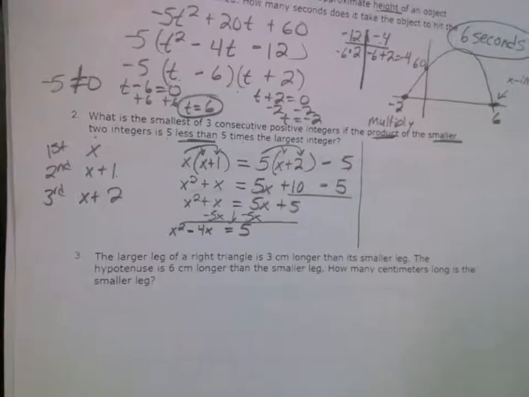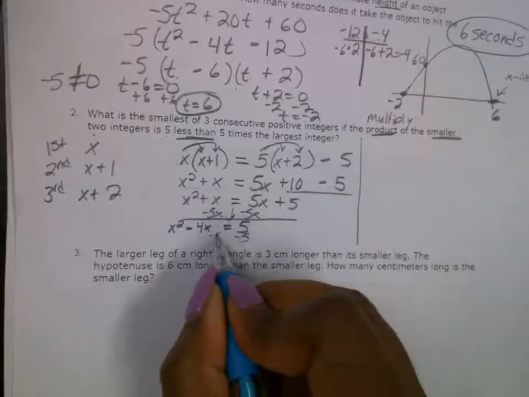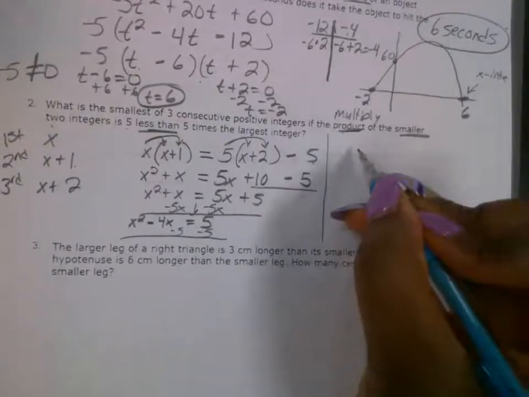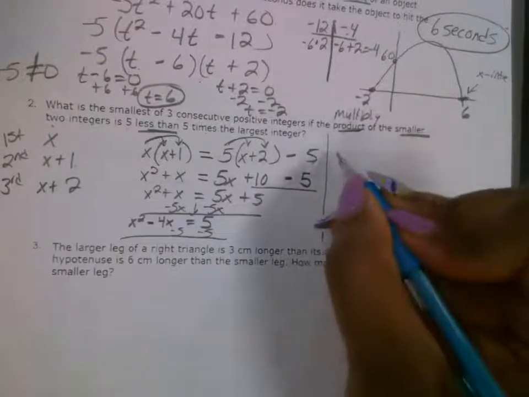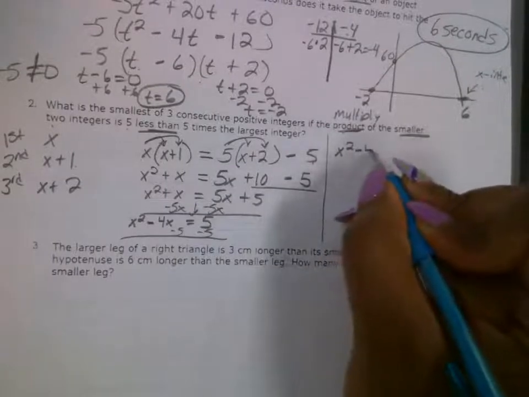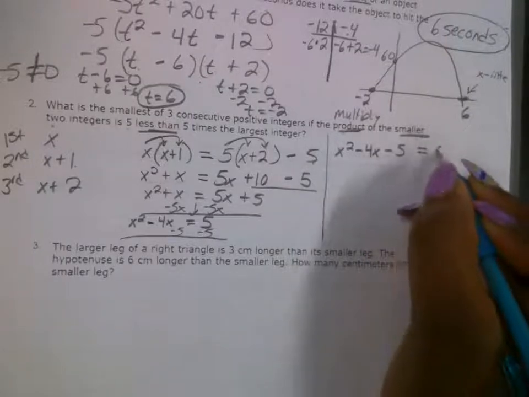So now what do I have to do to get 0 on this side? Subtract 5. So now the trinomial that I'm going to factor is x squared minus 4x minus 5, and this side is equal to 0.